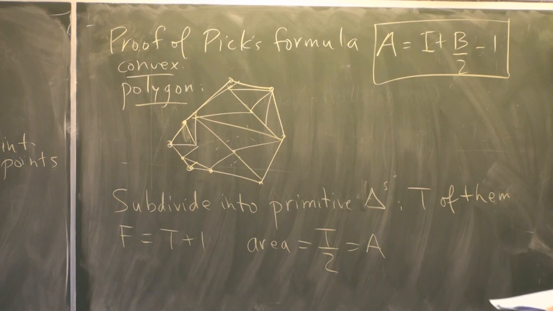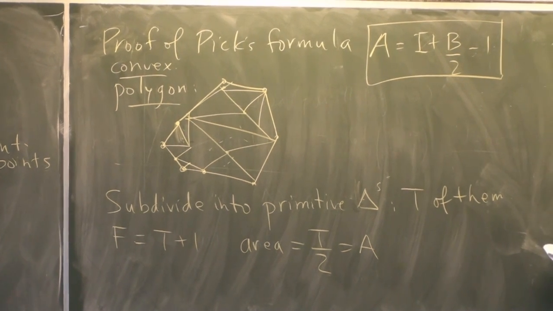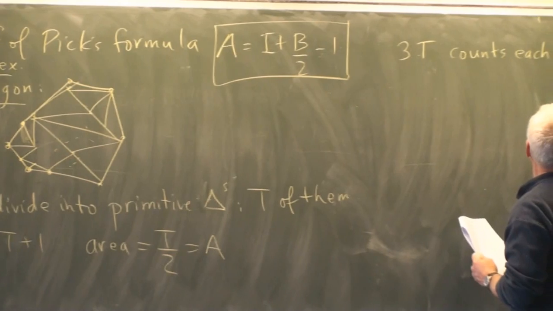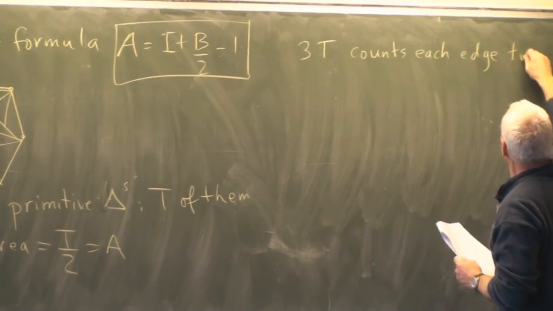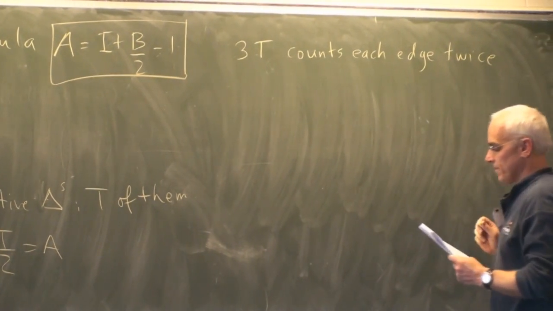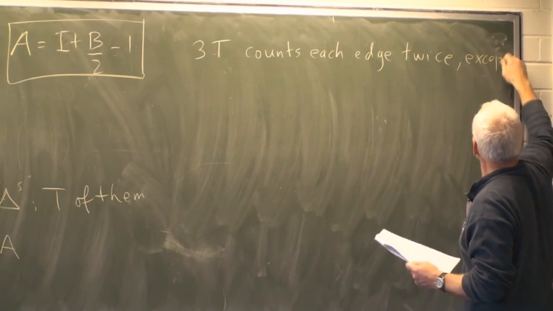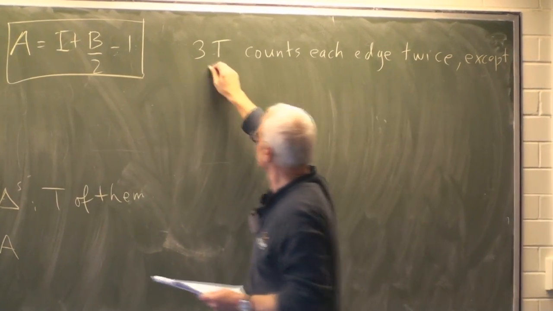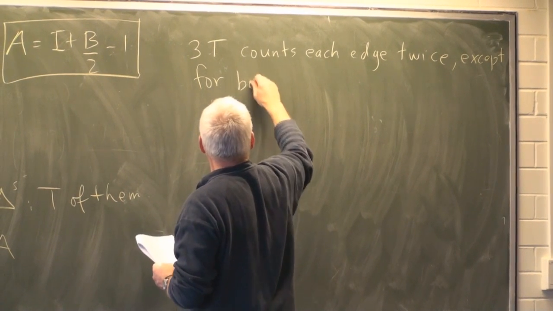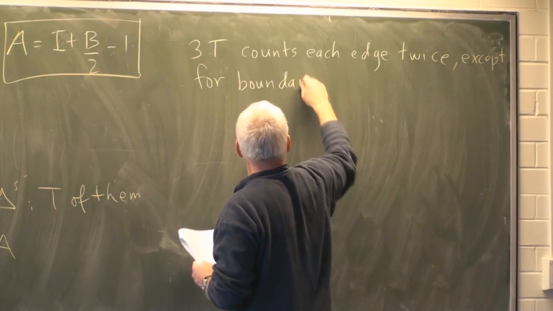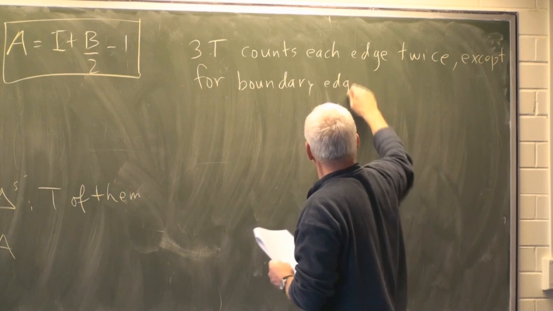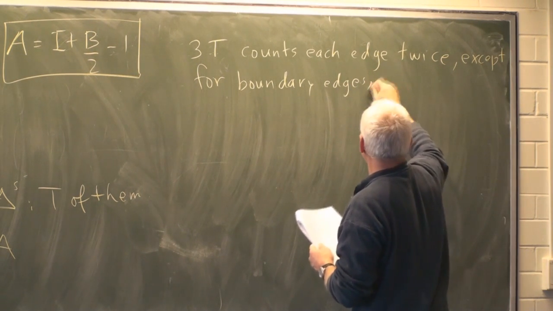Okay, so 3 times T counts each edge twice, except for the boundary edges, which are counted once.